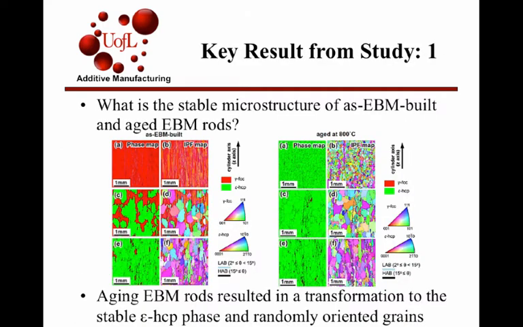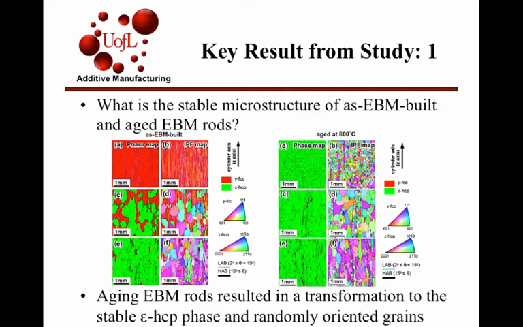On this slide, I have some diagrams where they used electron backscatter diffraction to measure different cross sections of the rods. The six graphs on the left are for the as-EBM built rods, so those are straight out of the machine, whereas the graphs on the right were after an aging process, heat treated at 800 degrees Celsius for 24 hours. The different colors show different phase lattice structures in the rods.